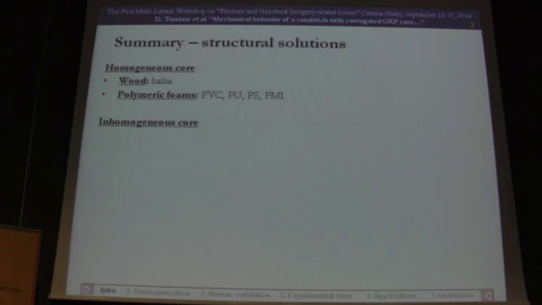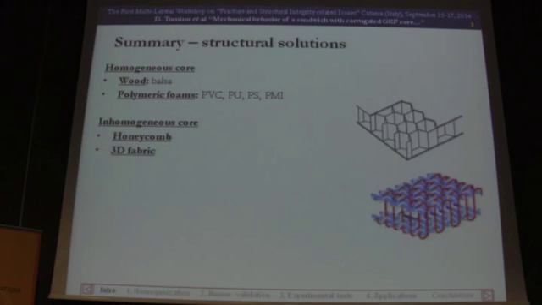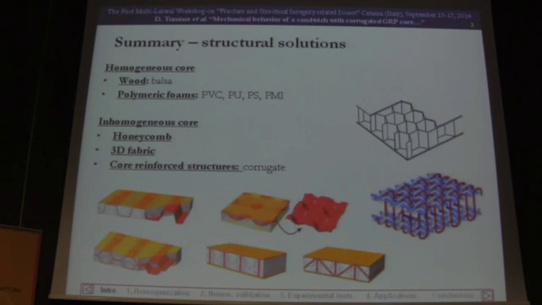In the case of inhomogeneous core, we usually know the honeycomb or more recently the three-dimensional fabric or other types of corrugation or other types of inhomogeneous, for example, corrugated core, where the core is reinforced with a particular structure. In our case, we focused our attention on this type of core, which has a periodic trapezoidal shape.